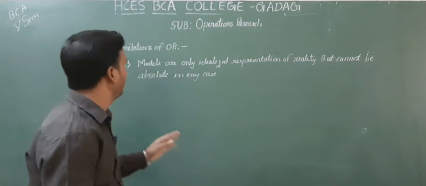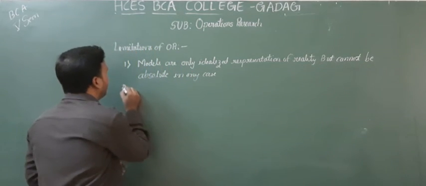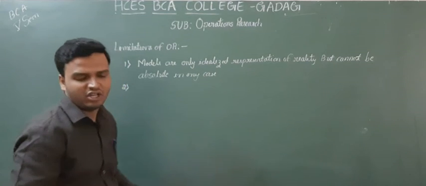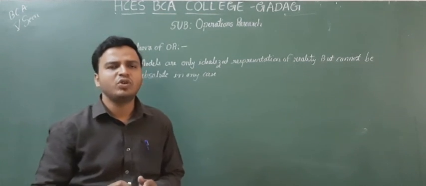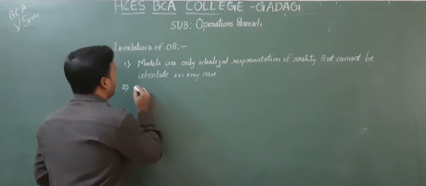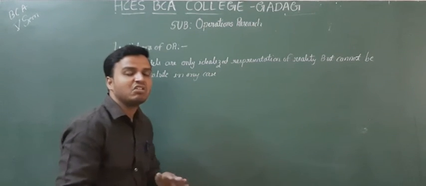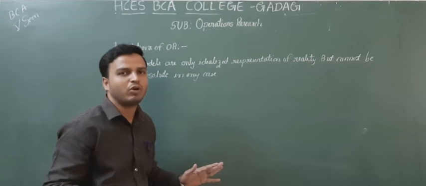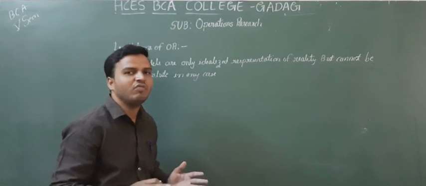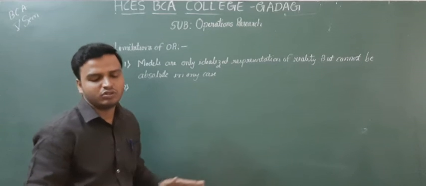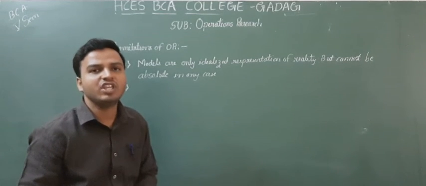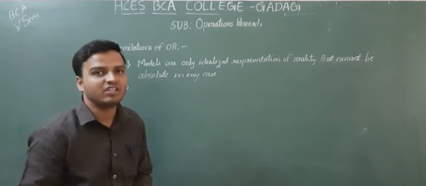So some mathematical models are there, applicable to a specific category of problem. It is not applicable to the complete, entire problem. So whatever the problems are there, we cannot use those mathematical models. That's why it ignores the qualitative factors.